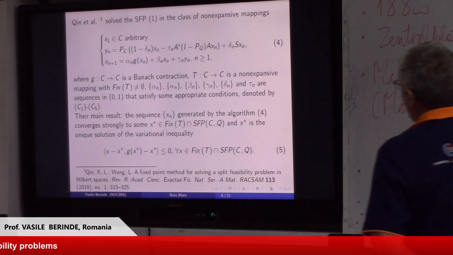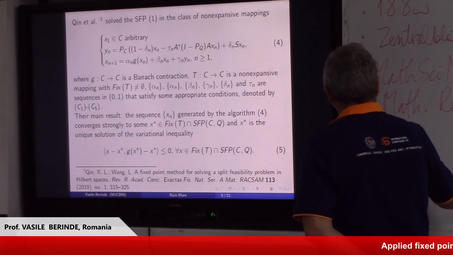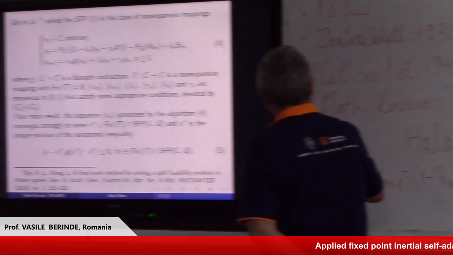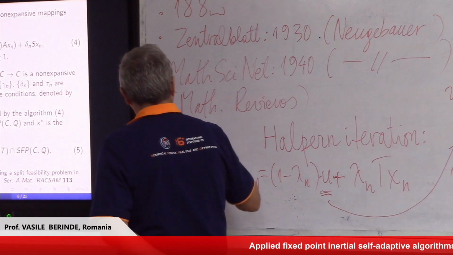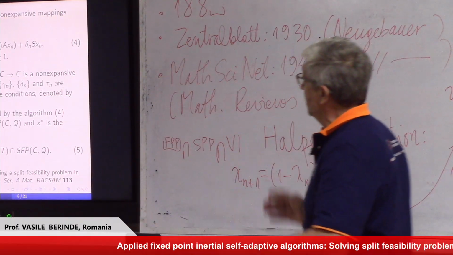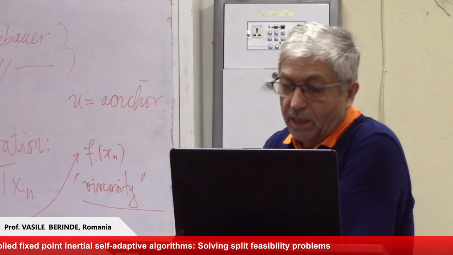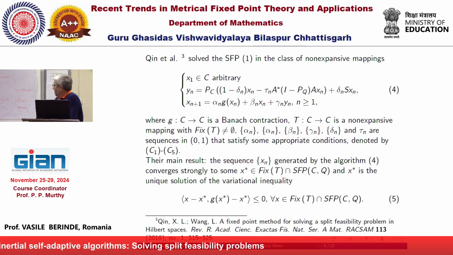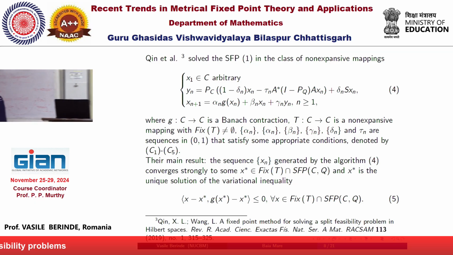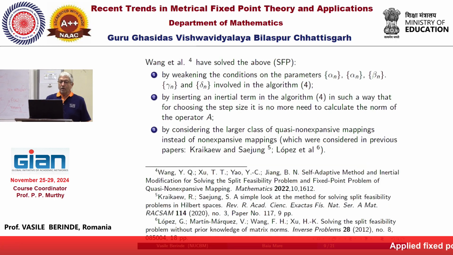So, in total, we solve a fixed point problem, we solve a split feasibility problem, and we solve a variational inequality. So, three problems. Our solution is actually a solution of three different problems: fixed point problem, split feasibility problem, and variational inequality.